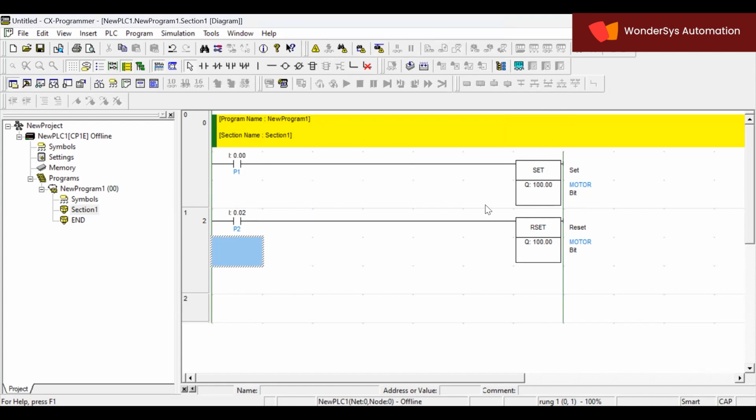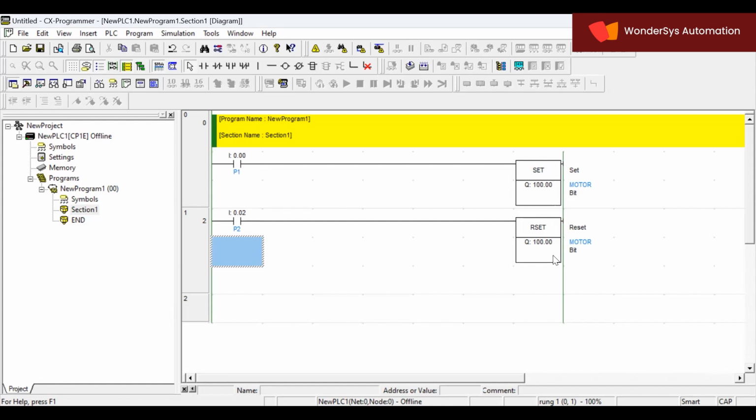And here, reset always has the highest priority. That means when you make set and reset on at the same time, it will give the highest priority to reset by making the output off.